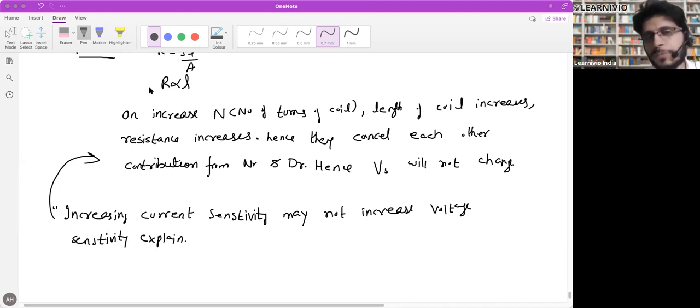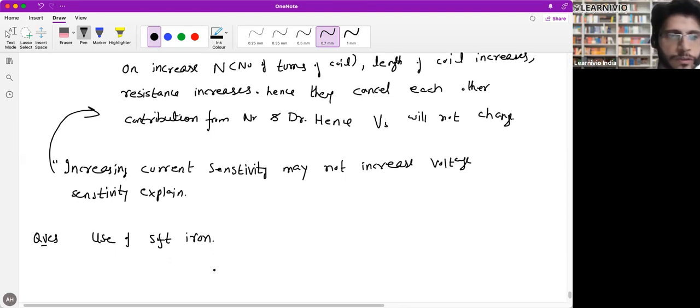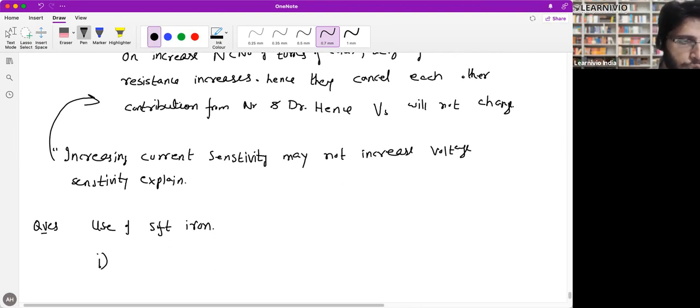There's one more conceptual question on this concept, and the question is: use of soft iron core. So Nazira, can you mention any use of soft iron core? There are 2 uses of soft iron core. Tell at least one use. Why do we use soft iron core in galvanometer?